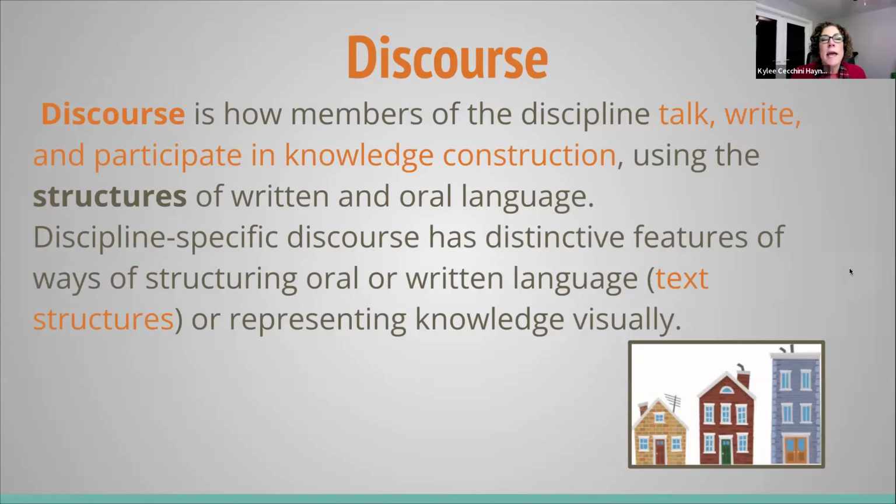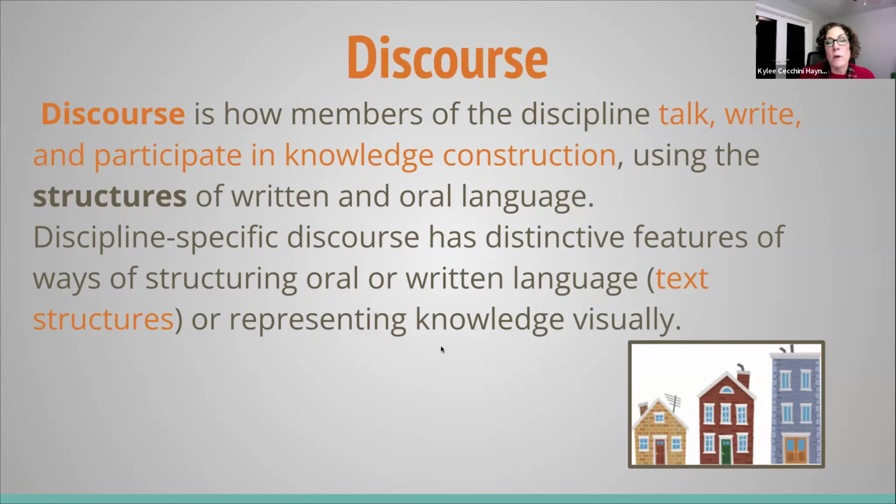This is how the members of the discipline write and talk, how they participate in knowledge construction using the structures of written and oral language. Discipline-specific discourse has distinctive features of ways of structuring oral and written language. We call them text structures, and I will show you an example in just a bit.